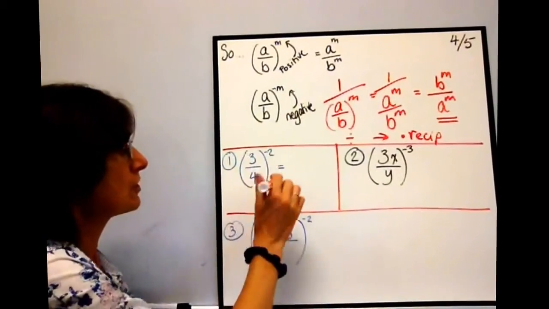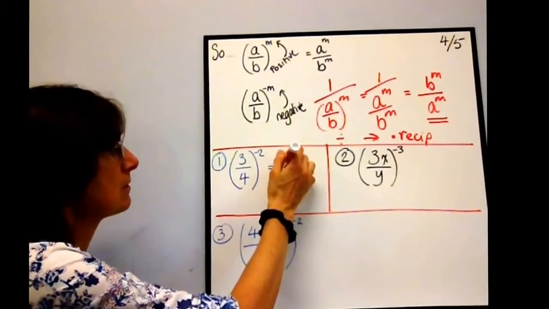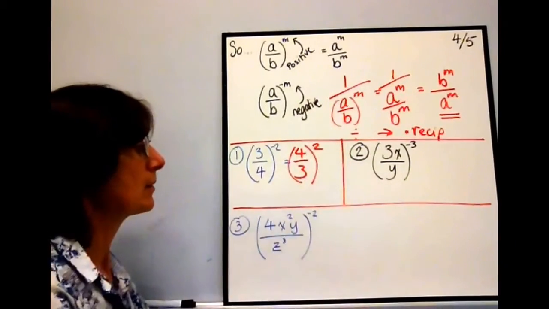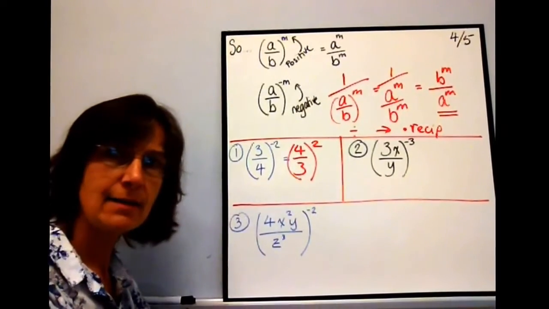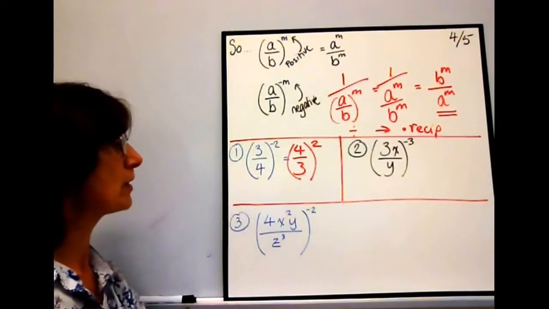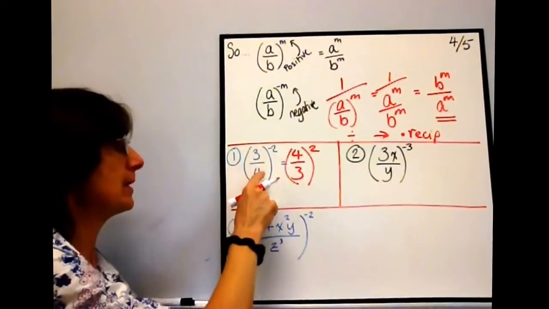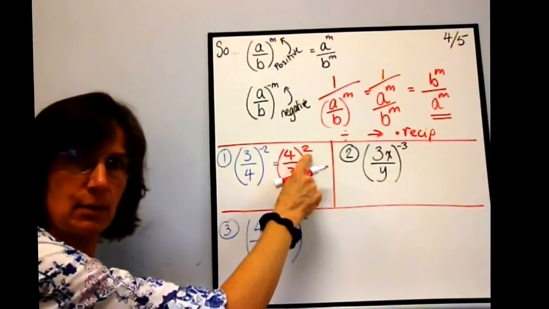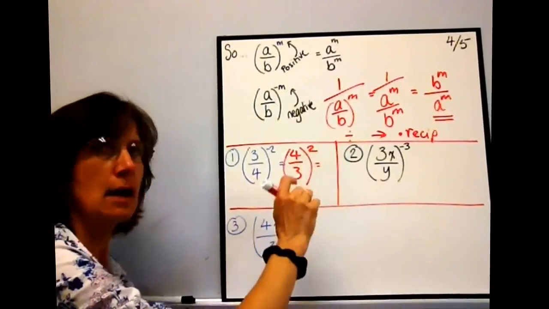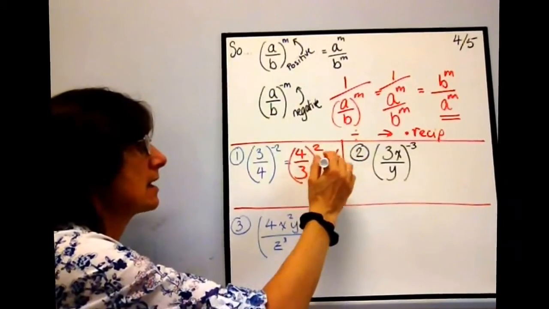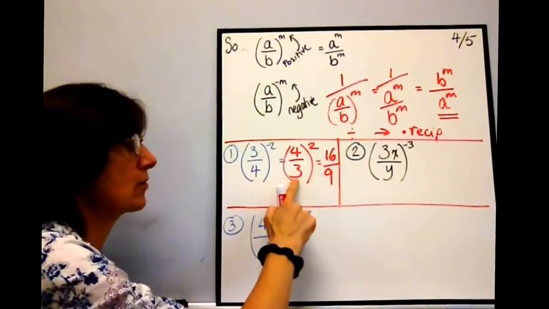I'm going to first of all flip the fraction and use the positive power. That, I think, for me is the easiest way of doing this. If I see a negative power with a fraction, flip it, change the power to positive, and now apply the exponent. 4 squared is 16, 3 squared is 9.